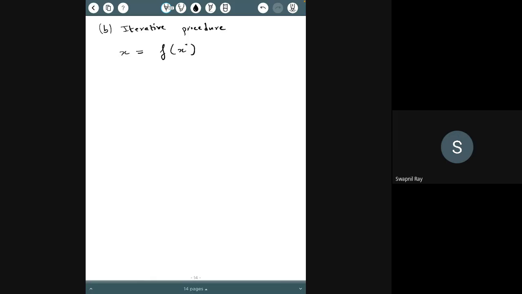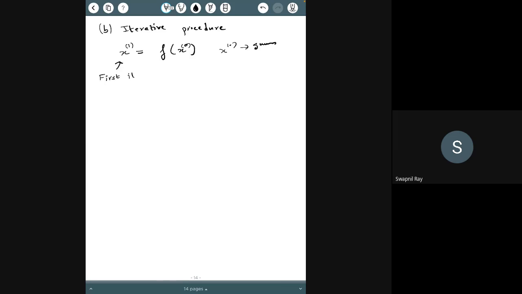Once you do that, you take a guess for x, which is your guess value. We call that iteration number 0. Then you evaluate function of x0 and you get x1.